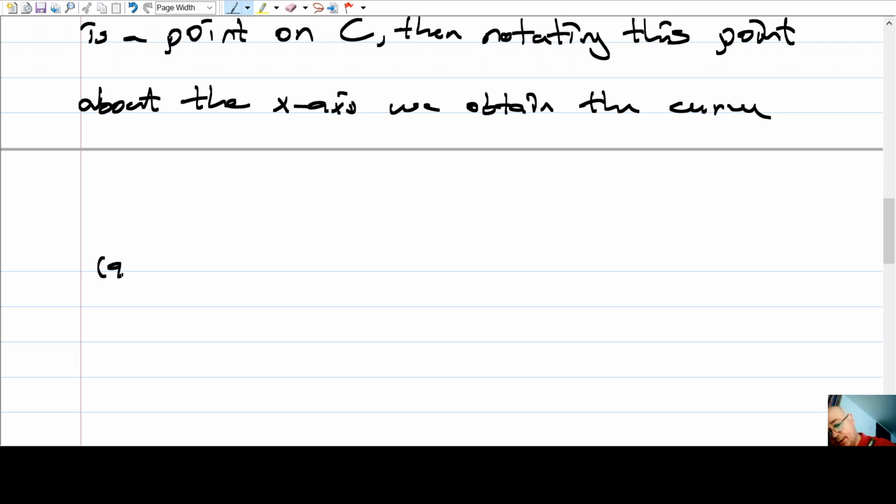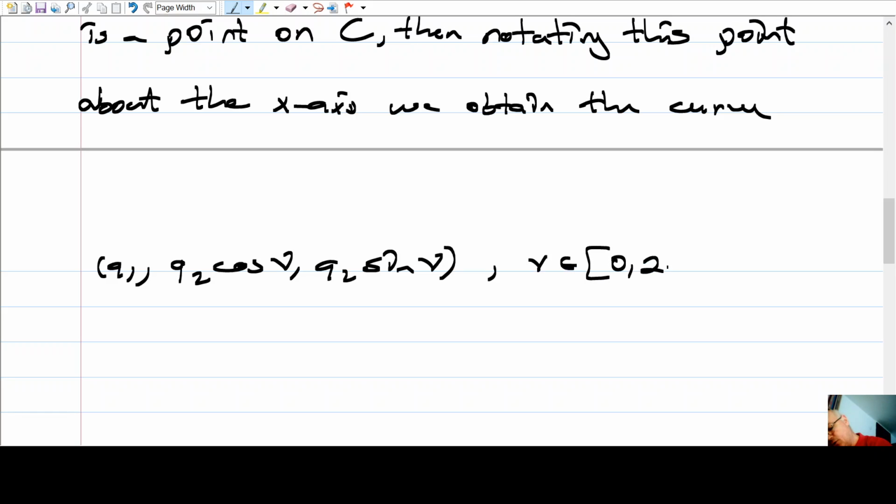I will explain this now: Q1, Q2 cosine nu, Q2 sine nu, where nu is an angle between 0 and 2 pi.